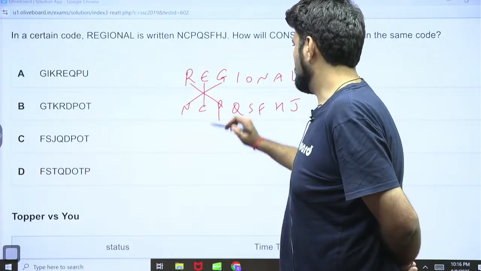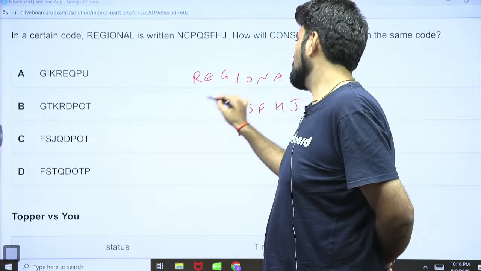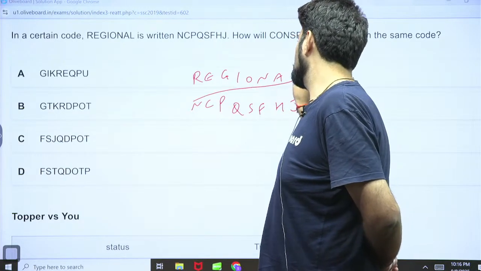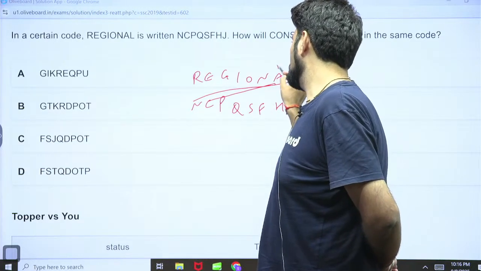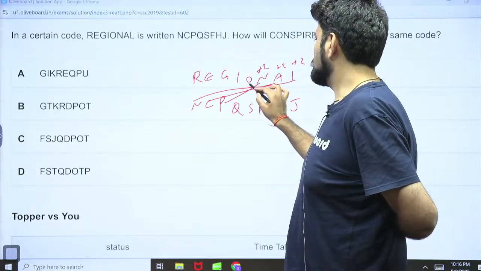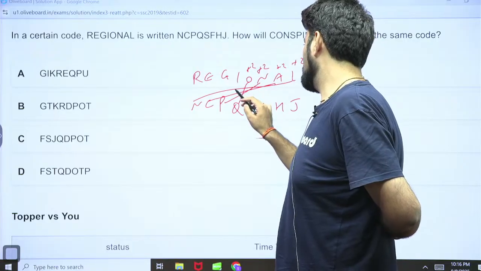Plus 2, wait. REG NCP. Check from the back. 12 plus 2, 14. A plus 2, 3. N plus 2, 16. 15 plus 2, 17. Now this is different.